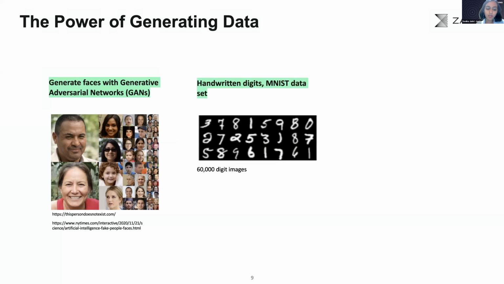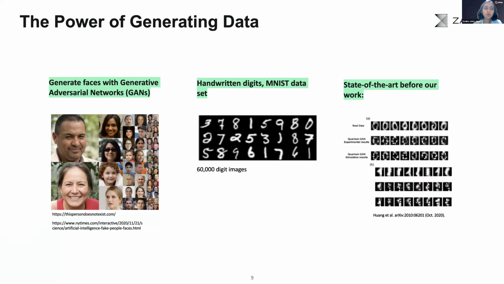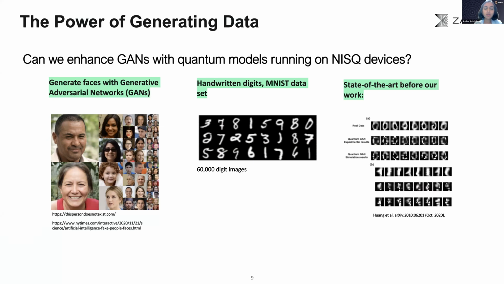Next, in the middle over here are real images of handwritten digits from what is known as the MNIST data set, which is a standard data set used for benchmarking many machine learning algorithms. The question we set out to answer here is whether we could enhance classical generative adversarial networks with NISQ quantum computers in the area of image generation.